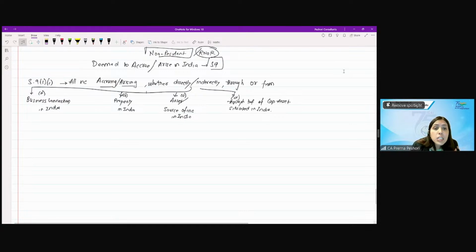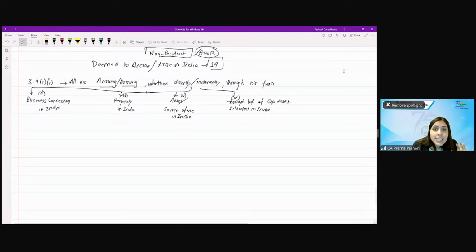Capital asset means property of any kind. Do you remember? So what is property? There we had discussed property means the bundle of rights. So it is not only the physical property, but it means the bundle of rights. Right? So therefore, the property would not only mean a physical building or a property. It will mean that there are bundle of rights here. So any kind of rights can get covered in the property.